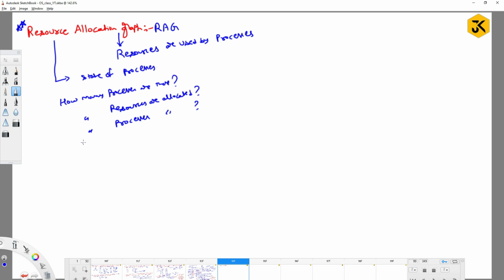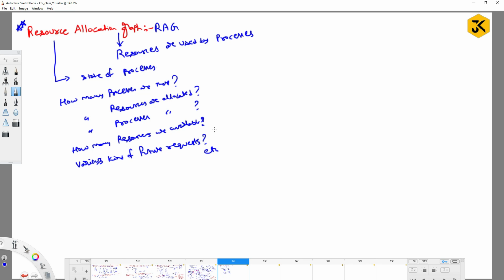Or if I ask how many resources are available, or what the various future requests are, we can answer many questions by looking at this resource allocation graph.